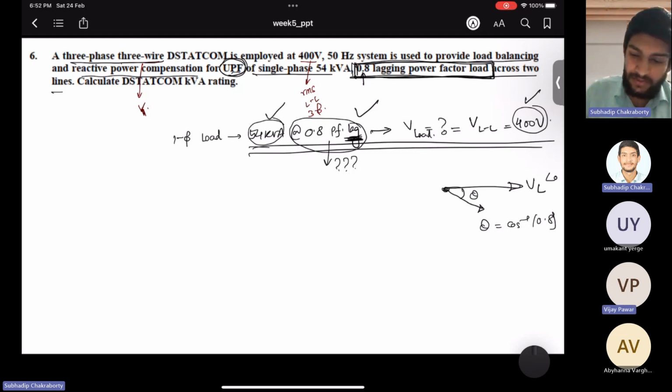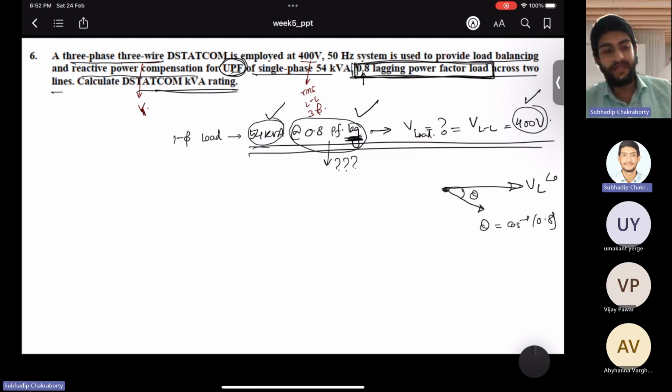So now when you know about the load, can you calculate the DSTATCOM kVA rating? So what will be the approach? We solved such problems in the previous week. Anyone? Yes, just do it with me.